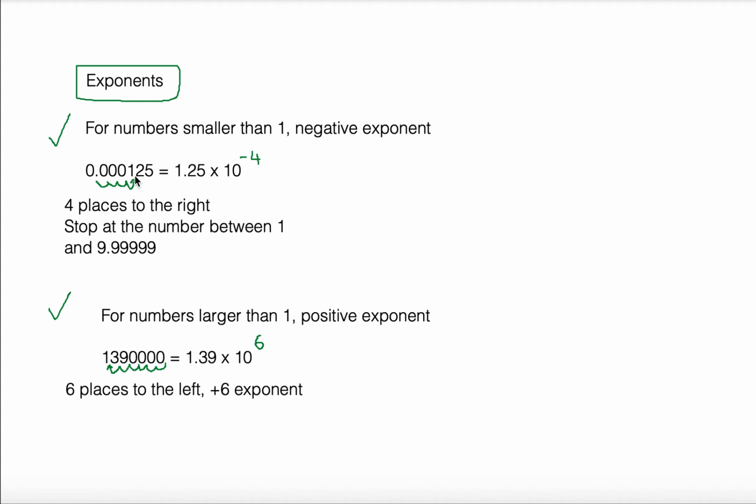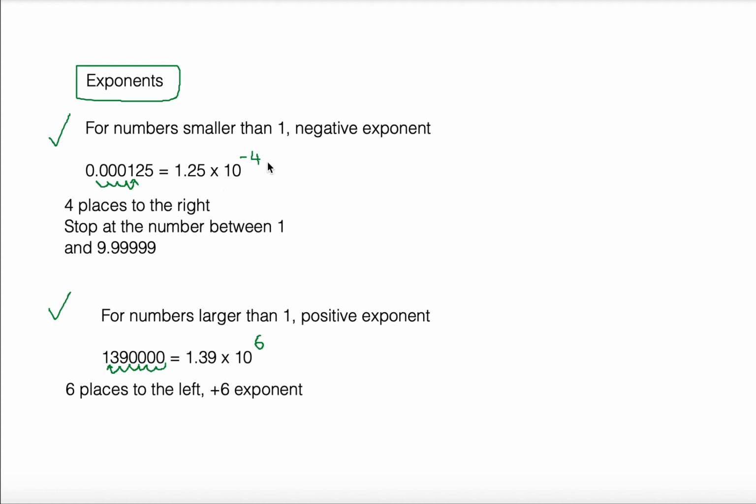You want to stop at 1.25. That's 4 places, and that will give you a negative exponent because this is a small number, much smaller than 1. Now you have to stop between 1 and just less than 10, like 9.999, for example. So you get a notation called scientific notation: 1.25 times 10 to the minus 4.